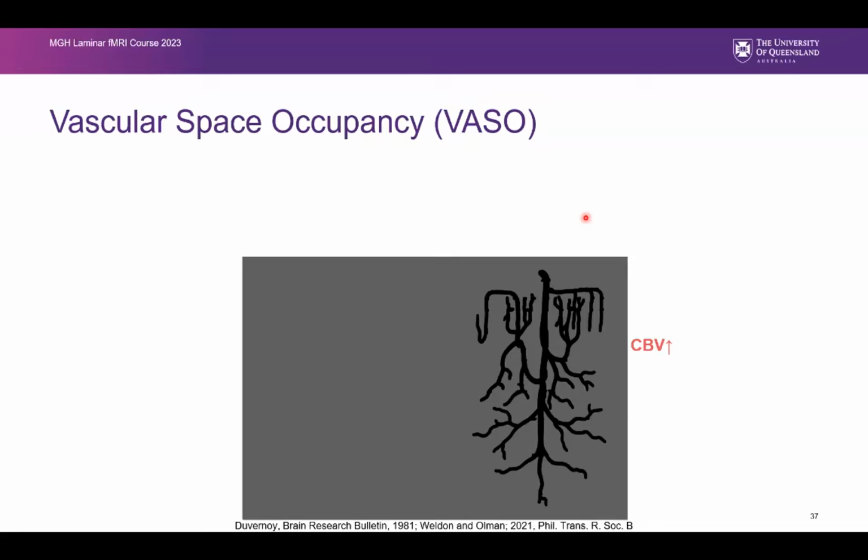That's why I made it black here, and to only measure the gray matter or the parenchyma. That means if we have more CBV, your actual measured signal goes down because you have less gray matter. So that's why the contrast in VASO is usually the other way around.